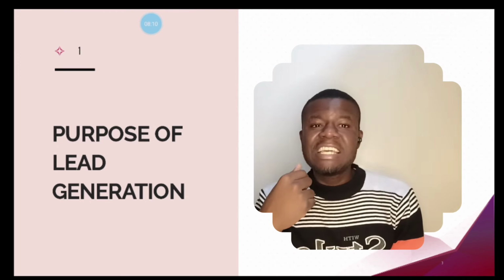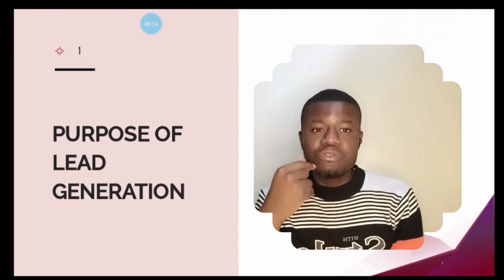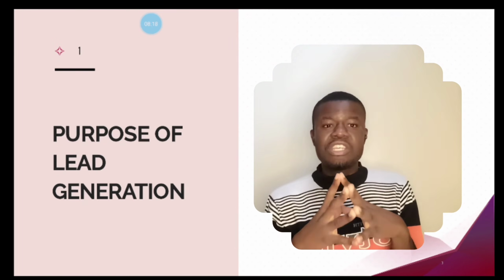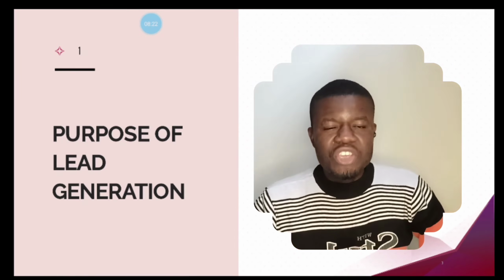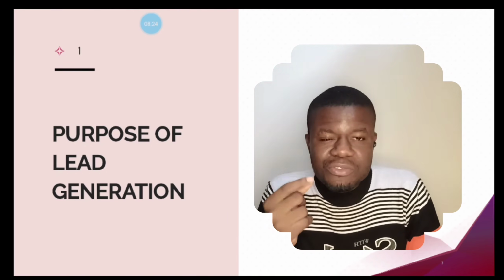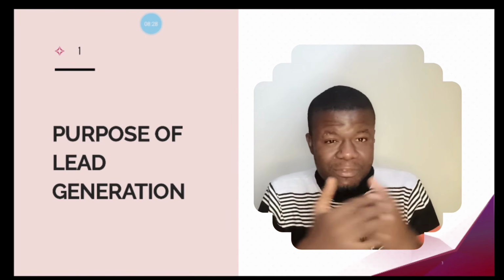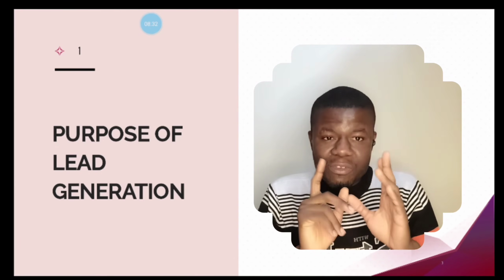So let's say you are selling a course on videography, or let's say you are selling a YouTube course. Your intention is to get leads that will pay for that course. Or you are selling an affiliate product, whatever it is, your intention is to get people that will pay for that product.